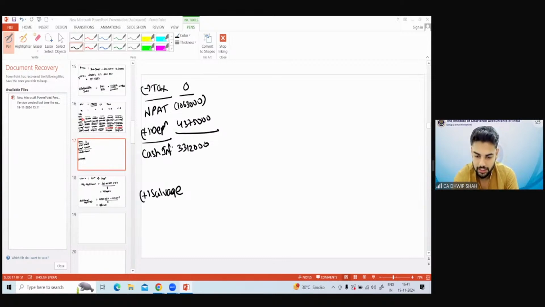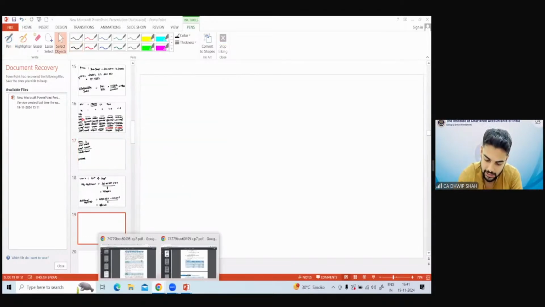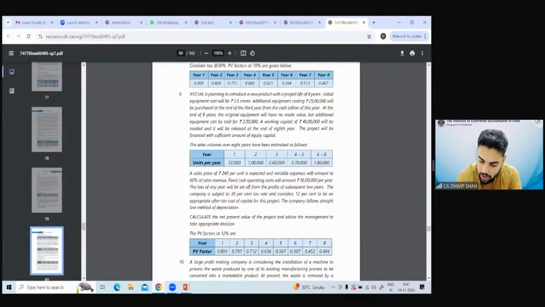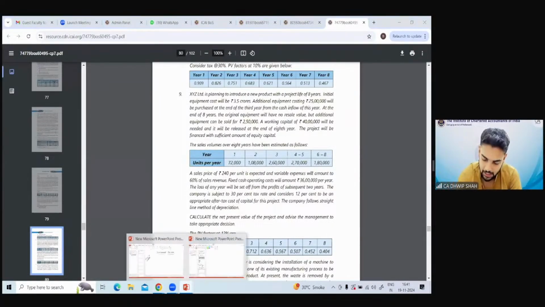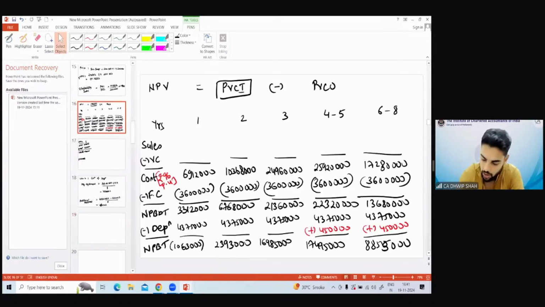Now the crucial point starts. Since in year one there is no income, rather it is a loss, I would not pay taxes. Now the question specifically says that loss of any year will be set off from the profits of the subsequent year. So in year 2, I don't need to pay taxes on this entire amount. Are you getting this?